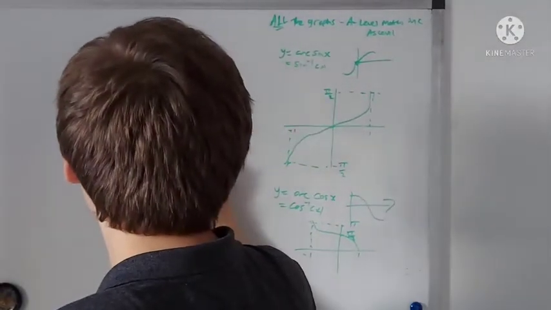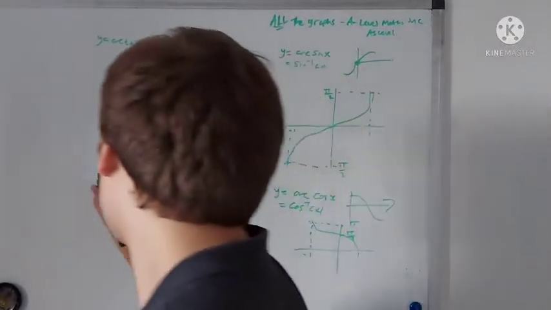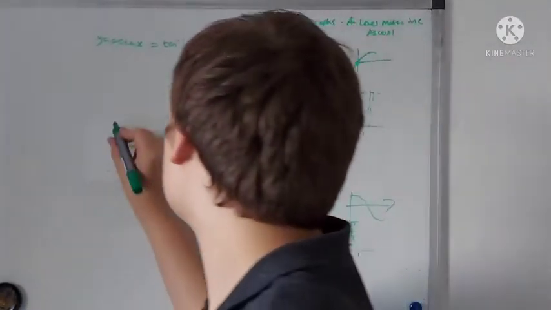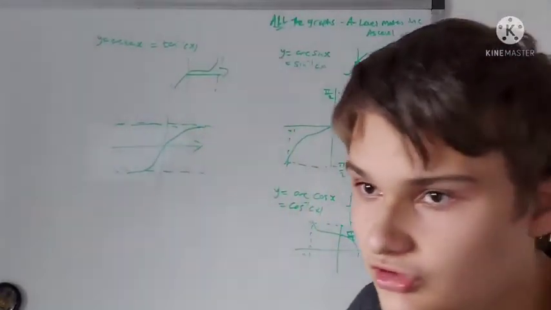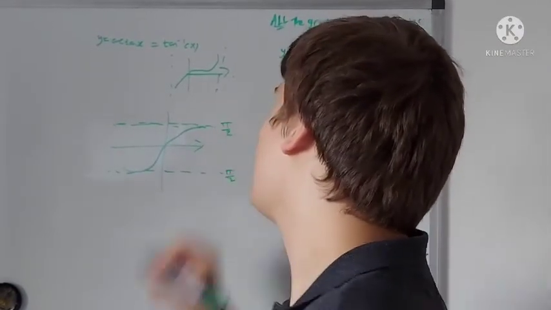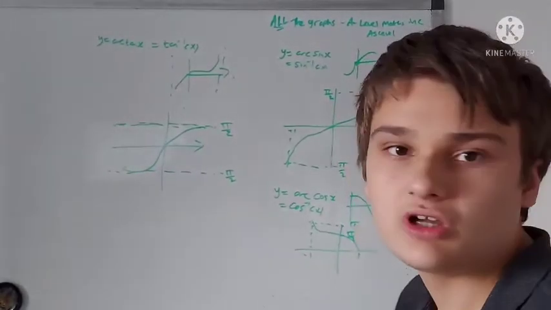That goes like that. And here are those asymptotes that I just drew a second ago. So these are minus pi over 2 and pi over 2 in radians. Okay, so that's the inverse trig functions.